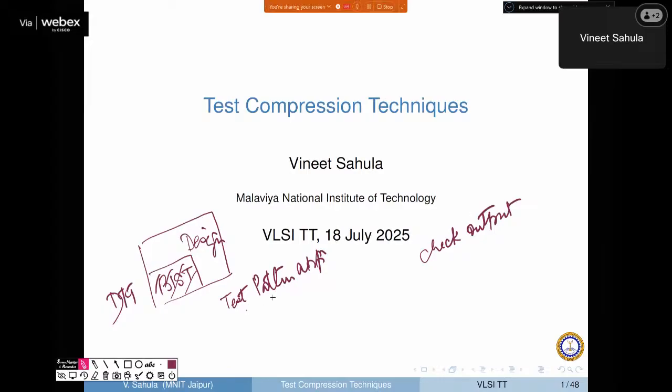So these test patterns which you need to apply should be available on chip itself. That's the first requirement. So you need to have the stored patterns. If it is DFT, you need to actually have the input test patterns available on the chip itself.